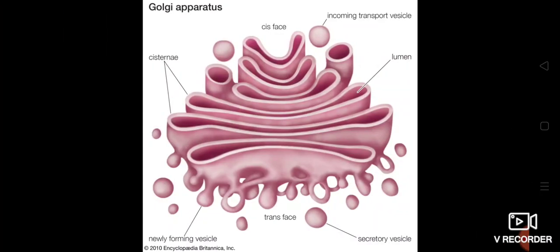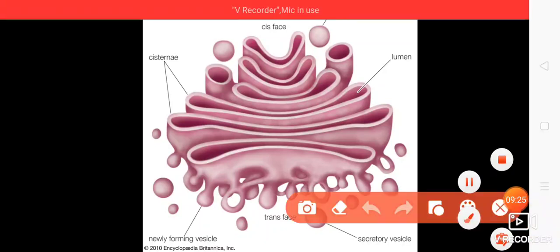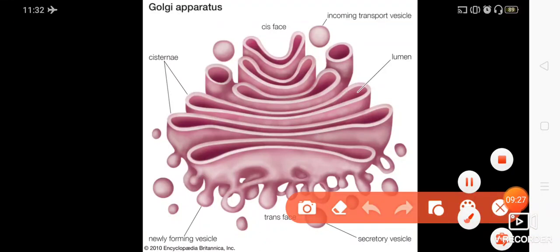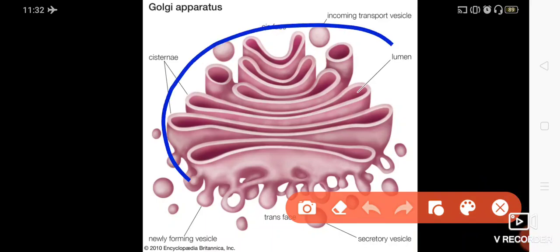Now let us see another cell organelle, which is known as the Golgi body. If you recall the diagram, this will always be visible near the cell membrane, or the plasma membrane. It is always found near the plasma membrane.